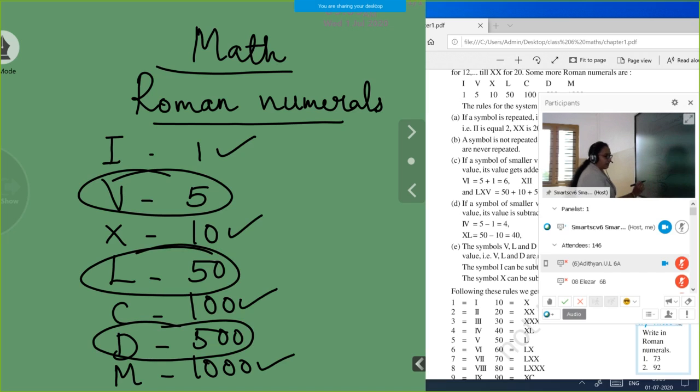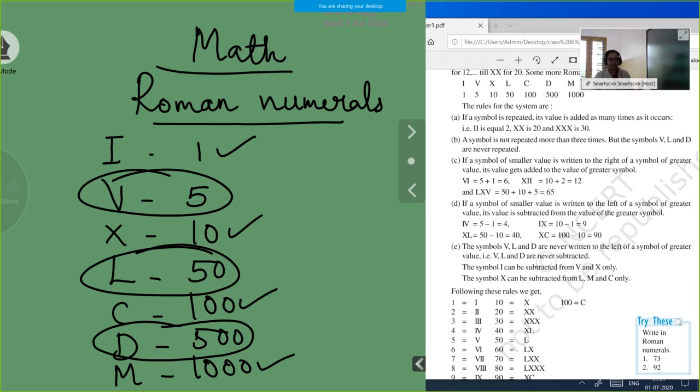These Roman numbers we cannot repeat. We can write them only one time. So the I, X, C and M we can repeat how many times? Maximum 3 times.